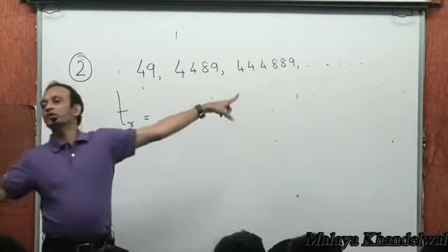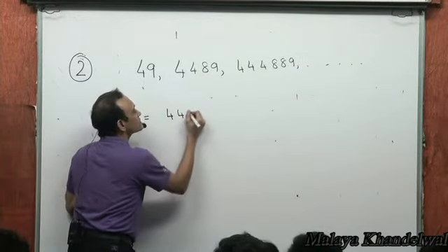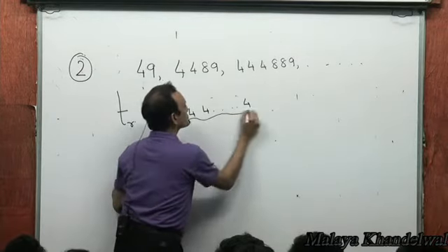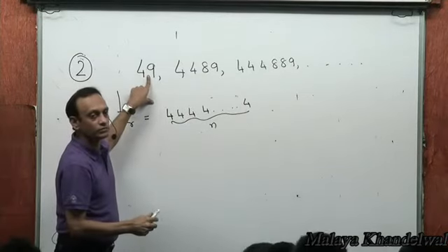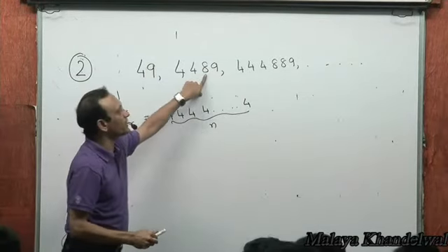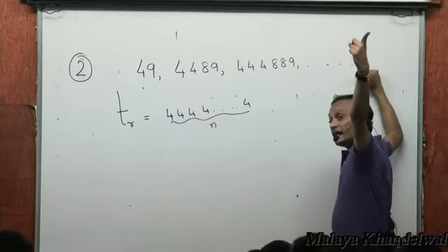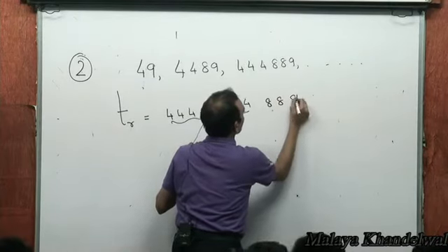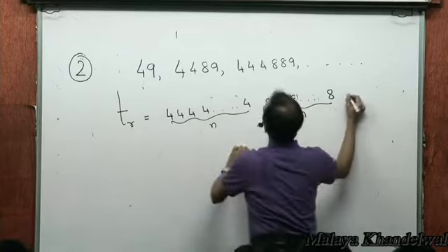So the nth term will contain n fours, n times. Okay. The first term contains no 8. The second term contains 1 eight. The third term contains 2 eights. The nth term will contain n minus 1 eights. And then there is 1 nine in all.